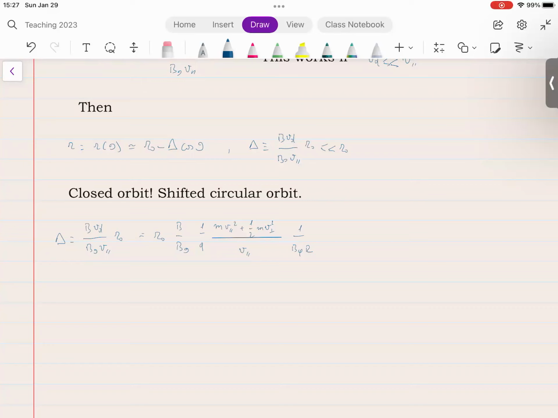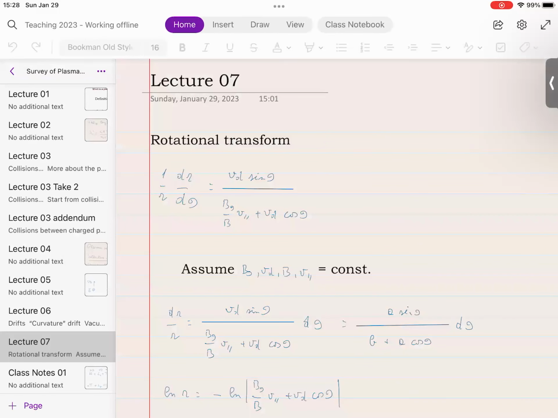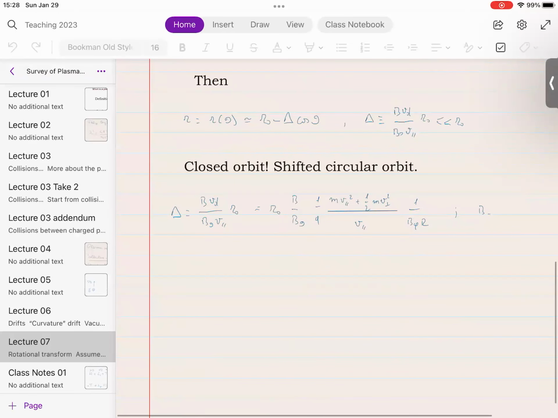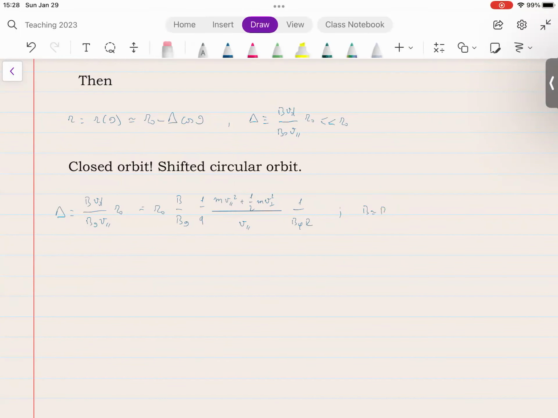And typically B theta is much less than B phi. That means that B is approximately equal to B phi. Technical problems, sorry about that. So I'm just going to simplify B and B phi.